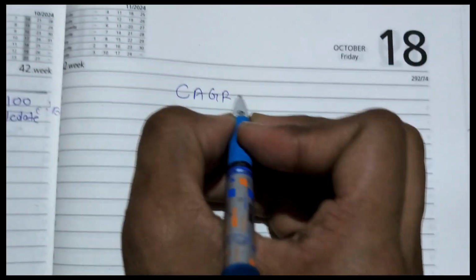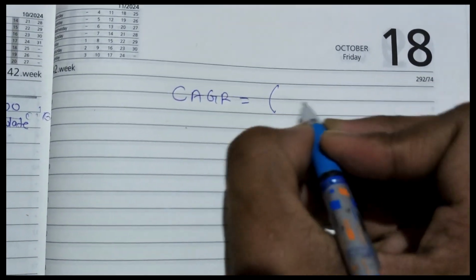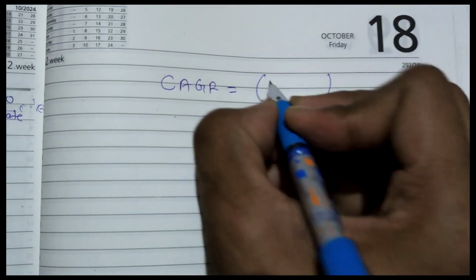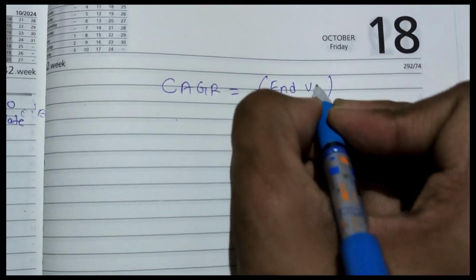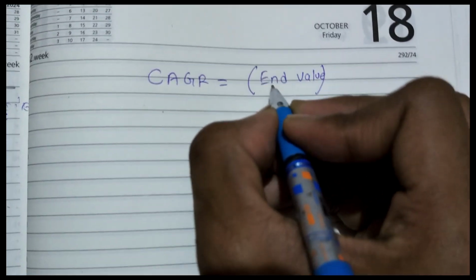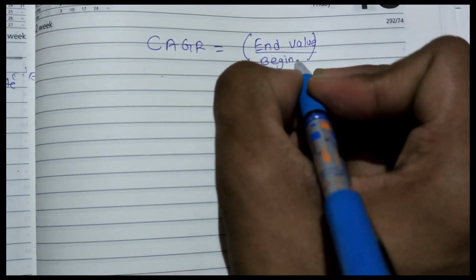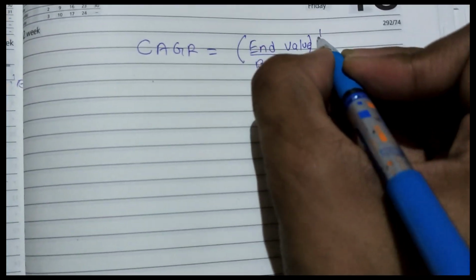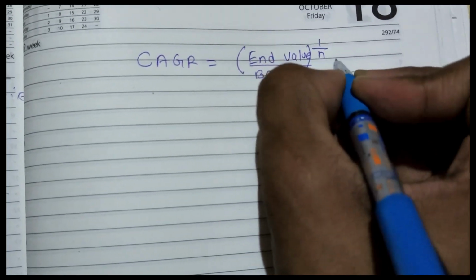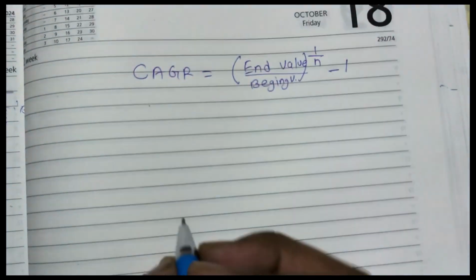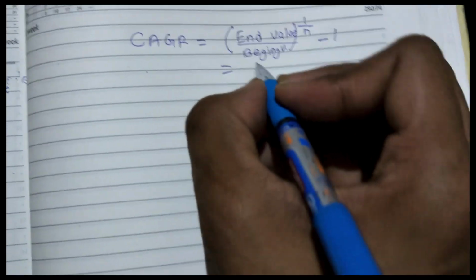CAGR is equal to end value divided by beginning value, raised to 1 divided by n, minus 1. So what is the end value?